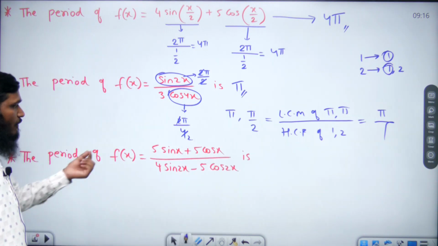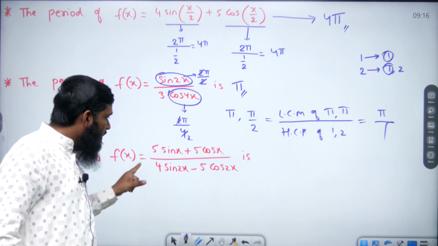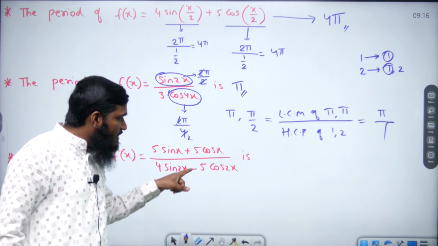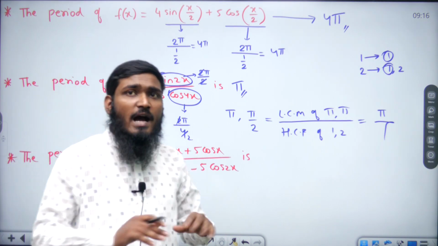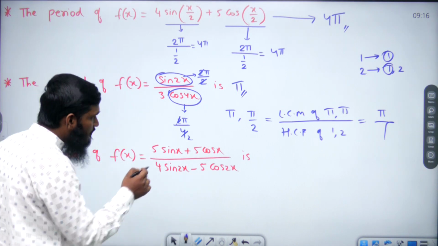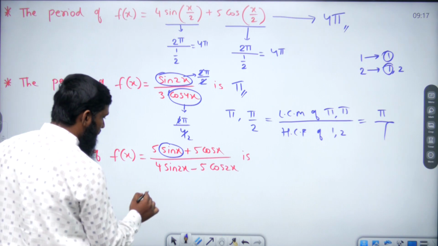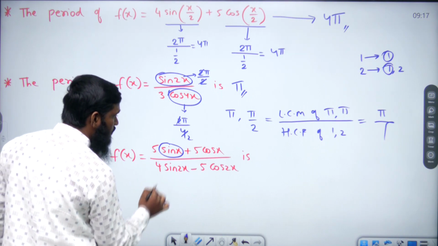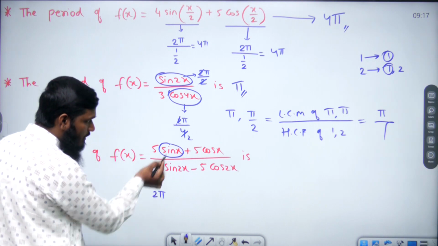The period of f of x is equal to 5 sin x plus 5 cos x divided by 4 sin 2x minus 5 cos 2x. Over here we have 4 functions, and again we follow the same concept. For sin x, the period is 2 pi divided by 1.